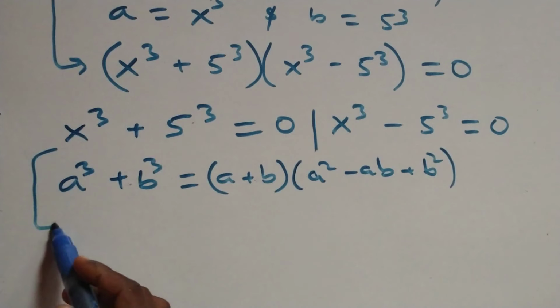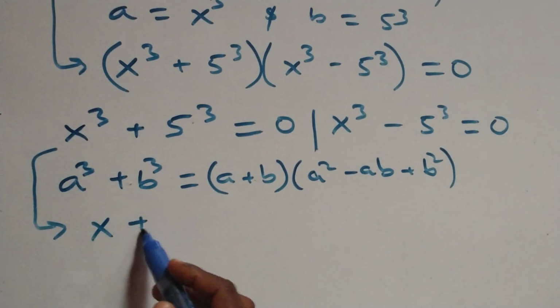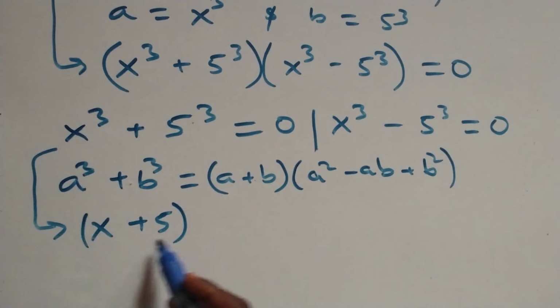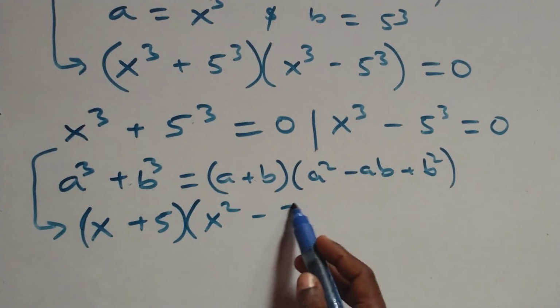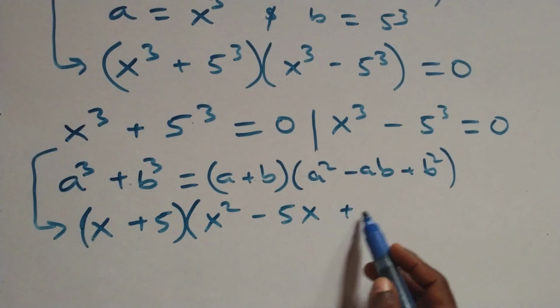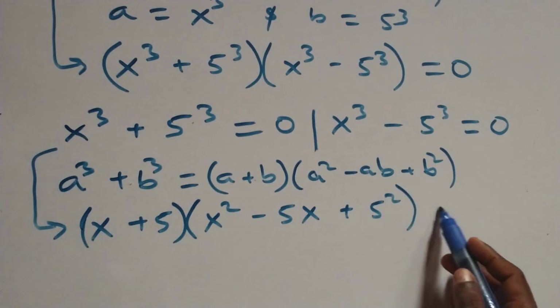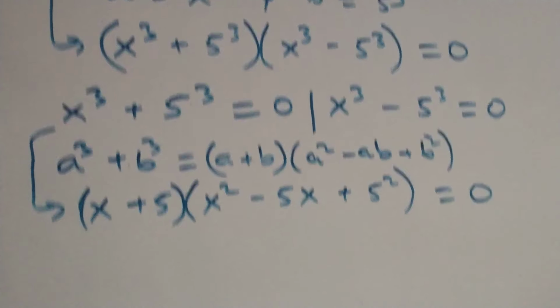Then here what we have becomes x plus 5 into brackets, then open bracket x square minus 5x plus 5 square close bracket equals 0 here.